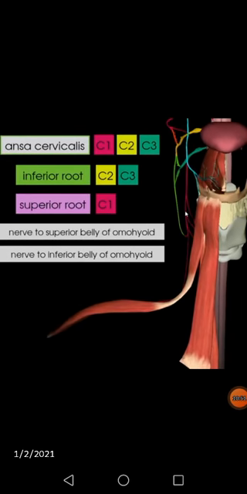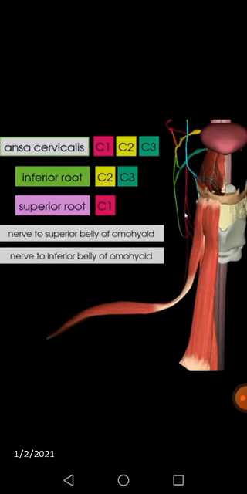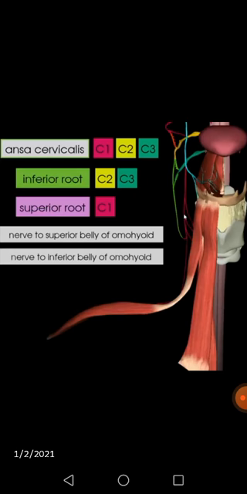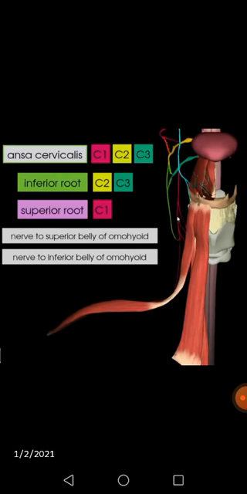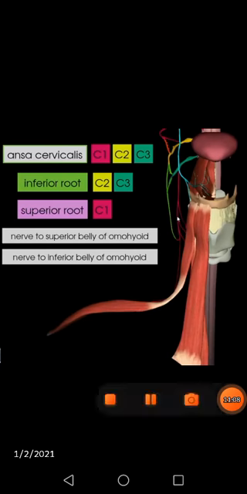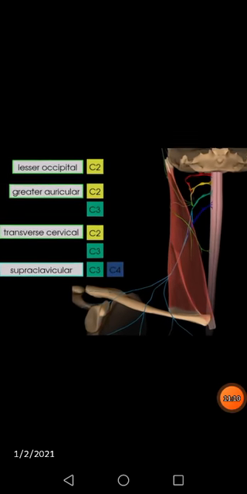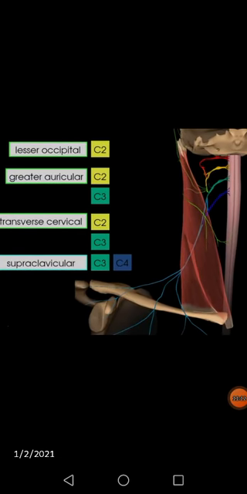Now in this very picture you are looking at the ansa cervicalis, its root value, what the inferior root is made up of and what the superior root is made up of, and displayed with that, the omohyoid muscle, its superior and inferior belly, is shown here.